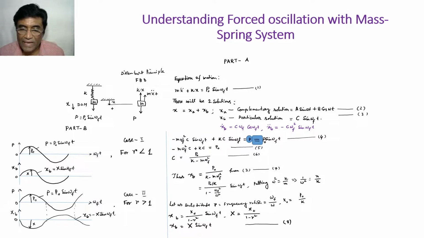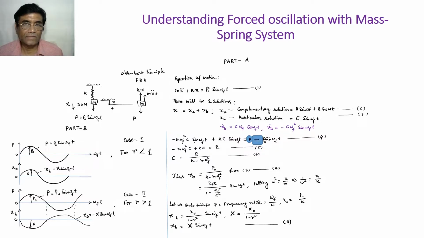So minus m omega f squared C sine omega f t, plus k times C sine omega f t, equals P0 sine omega f t.